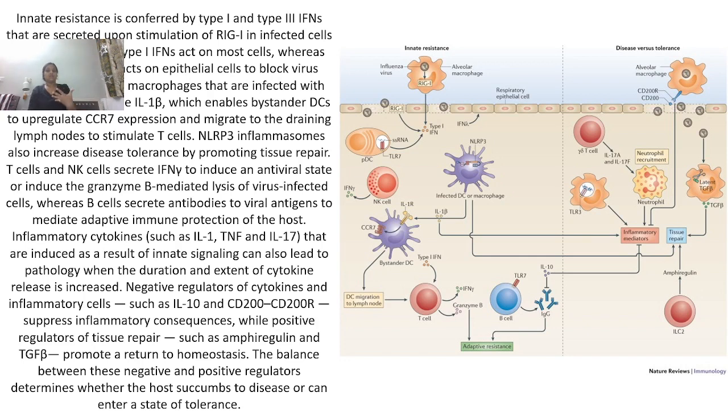Maybe there was excessive inflammation and there were no positive regulators to control it. So it depends on these regulators, at what time they are on and they are off, and whether the host succumbs to the disease or can enter a state of tolerance.